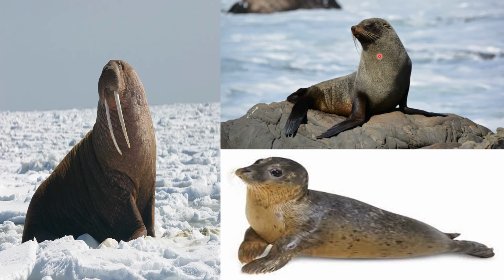Now this one here is the sea lion. Let's look at the differences between the sea lion and the seal. The sea lion has an ear that can be seen out of the body, but the seal doesn't show the ear out. No, it's flat. Good. Now, the sea lion has long flippers.